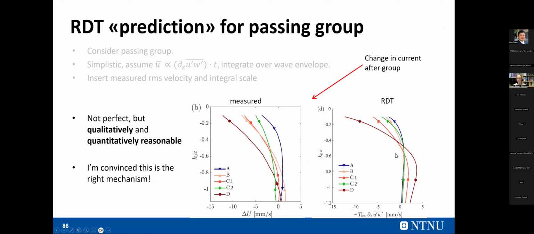In this case, the system doesn't reach an equilibrium stage. And it's qualitatively and quantitatively reasonable. I was almost shocked that it's so reasonable, but it seems to capture the fundamental physics.